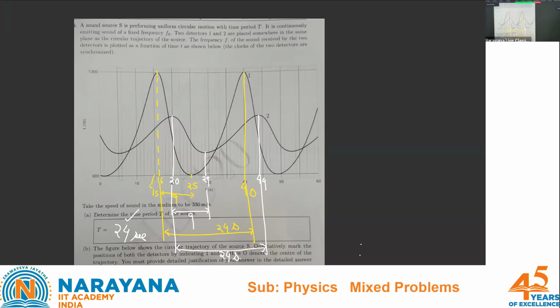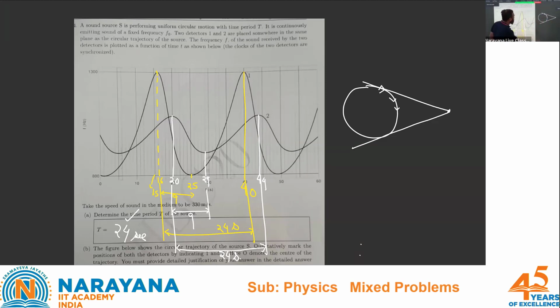If someone is sitting outside and I'm moving clockwise like this, when I send maximum frequency for him, he will receive it after some time, and the next time I send the same for him will be from the same position.